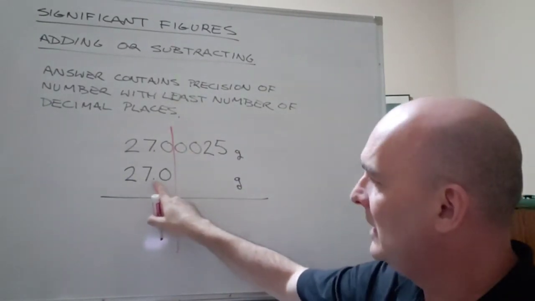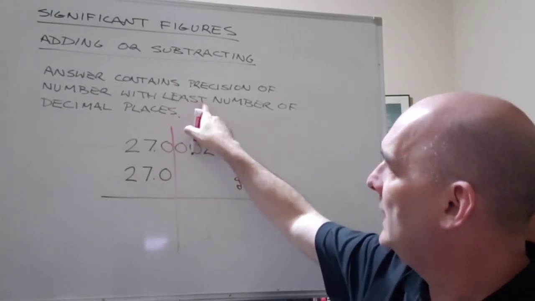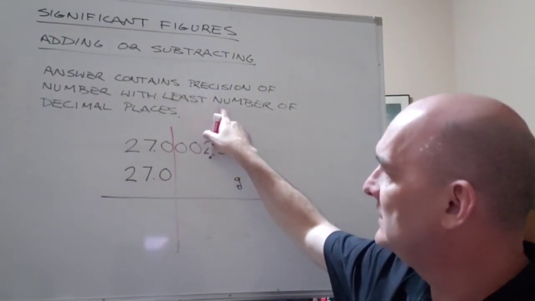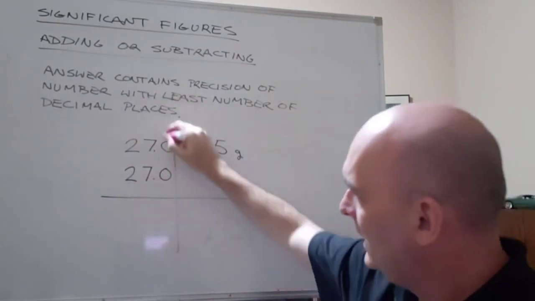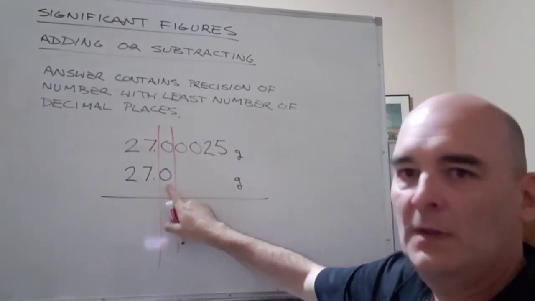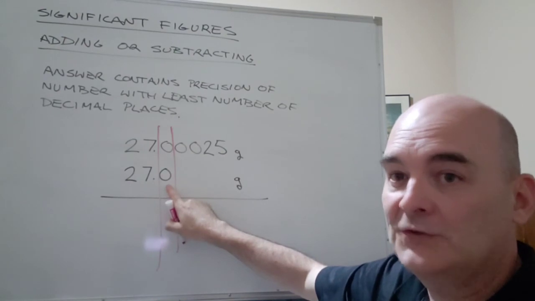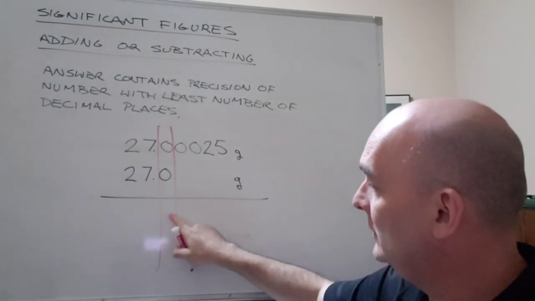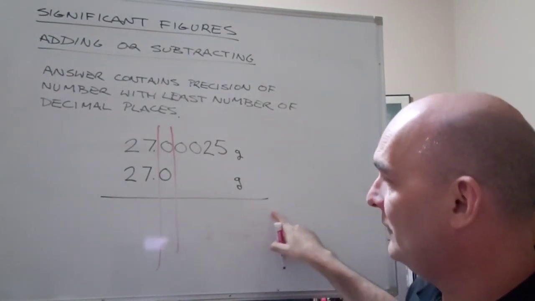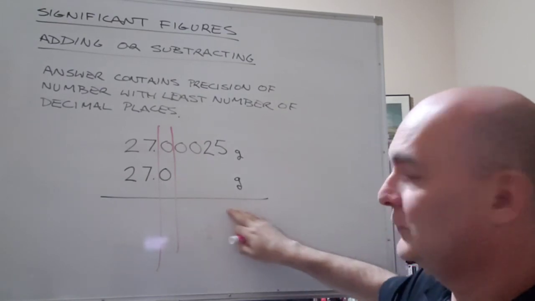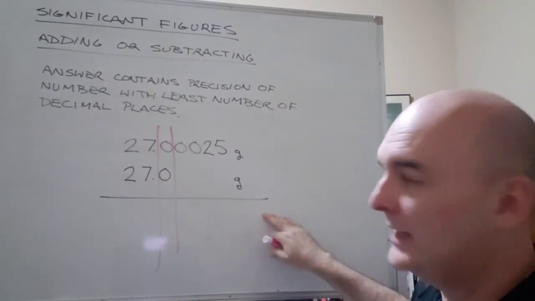The limit is the number in my calculation that has the least number of decimal places, right there, 1 decimal place. And so I'm not allowed to have anything in my final answer that is to the right after that decimal.